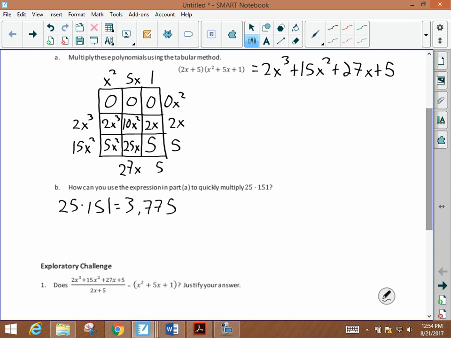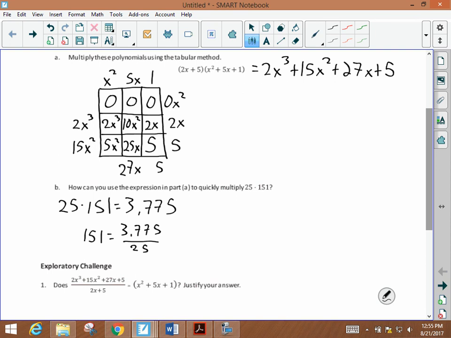Well, I could rewrite that in terms of division. I could actually manipulate this equation. If I divide both sides of this equation by 25, I have 151 is equal to 3,775 divided by 25, right? On the left-hand side, those 25s cancel.